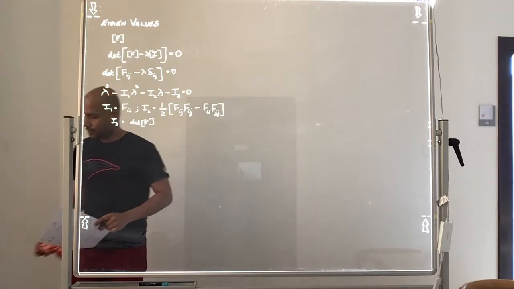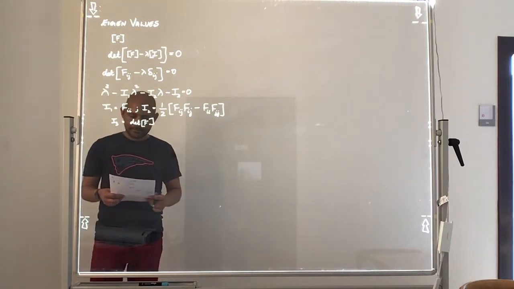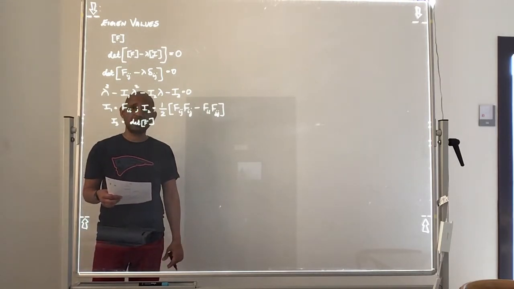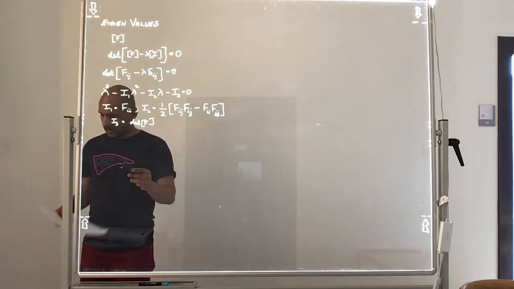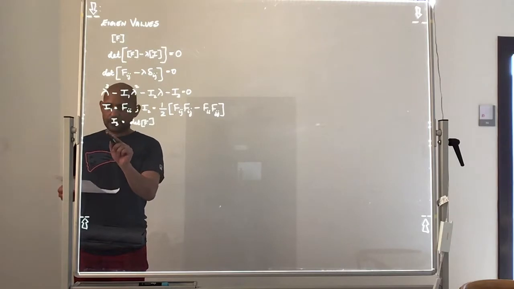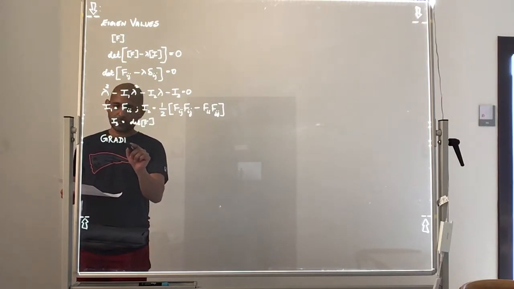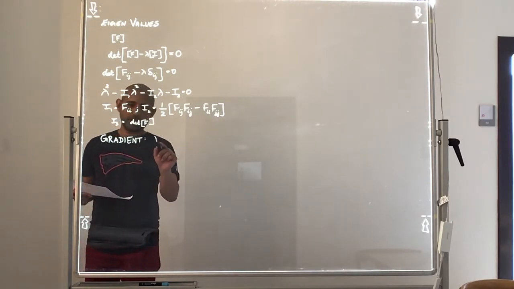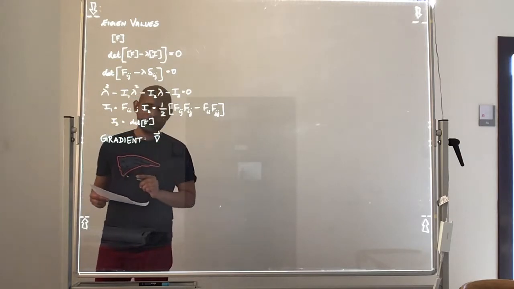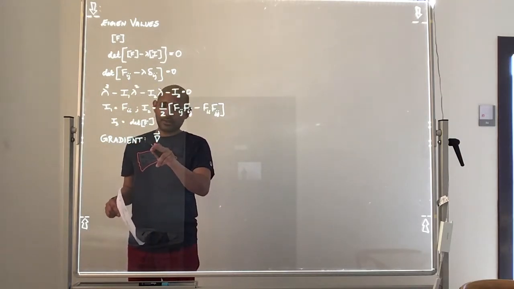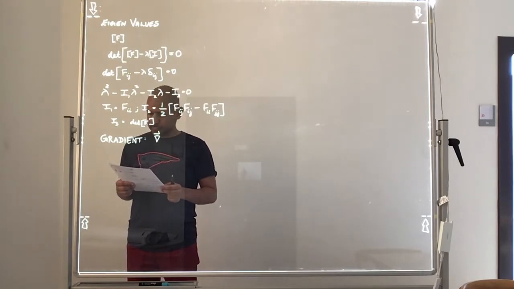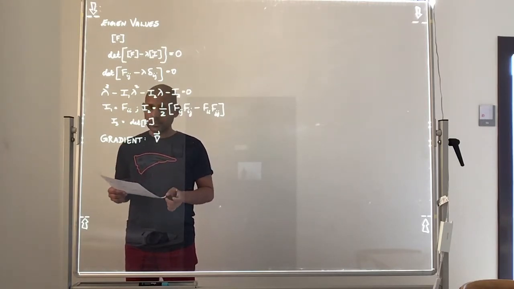Now we start doing very basic vector calculus. We start with the gradient operator, which is this nabla, some people call it, or inverted delta. It's a vector.